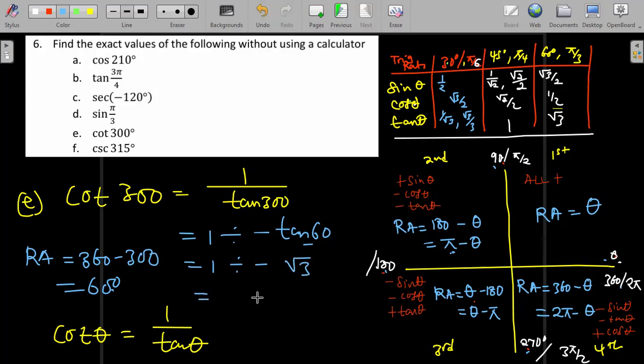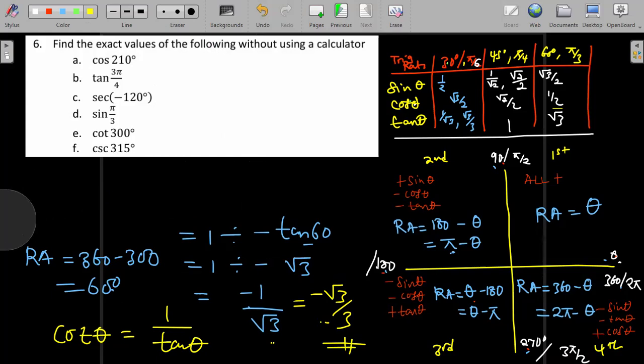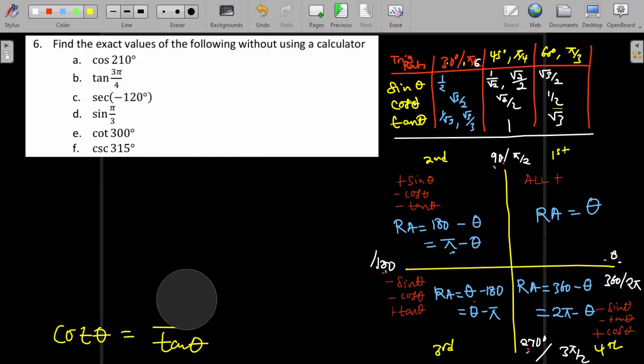So the answer will just be minus 1 over root of 3. If you want, you can rationalize it. So we multiply the top and the bottom by the root of 3. We get minus root of 3 over 3. Okay, so this and this, they're the same. Don't get confused.